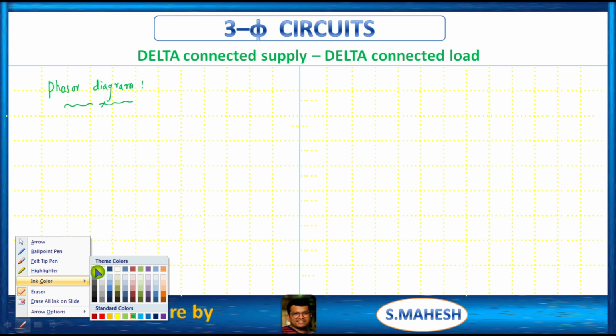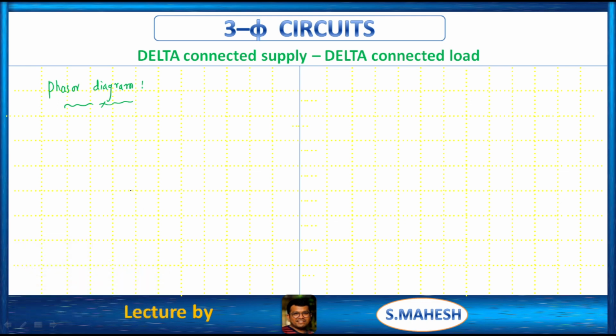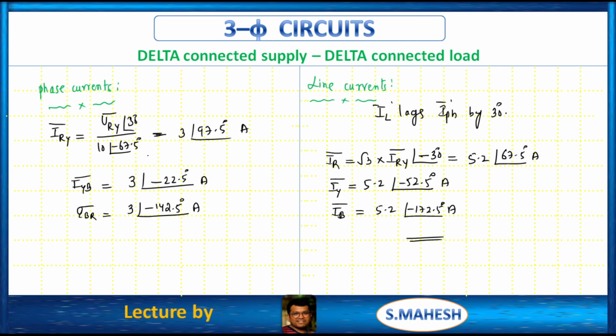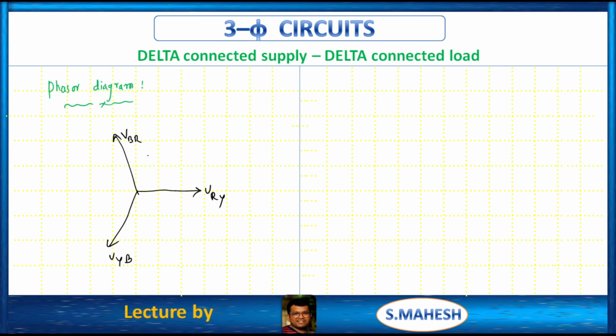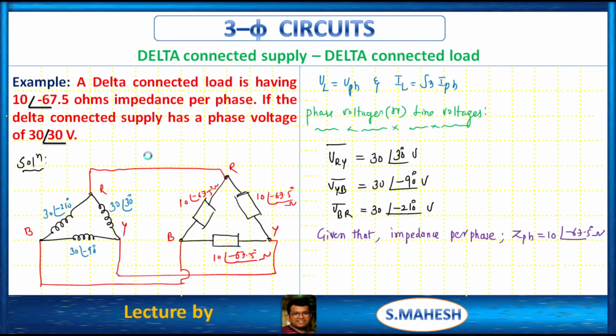First we have to draw the phase quantities, that is VRY. This is VYB. This is VBR. Completed. Next, what about the phase current, that is IRY? What is the angle? Impedance angle is 67.5, right? Impedance is negative angle, therefore current leads.